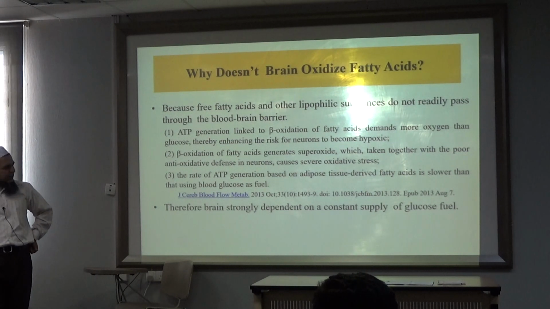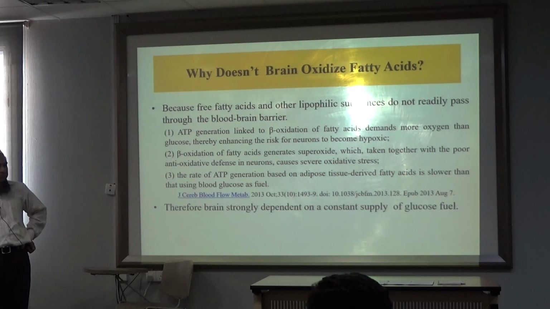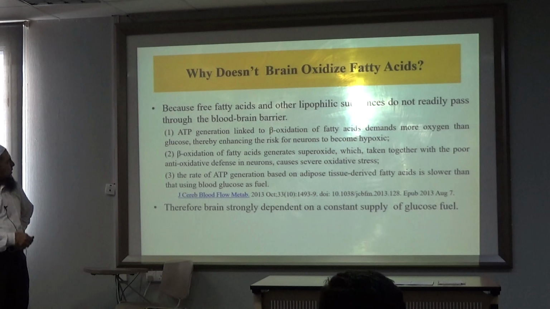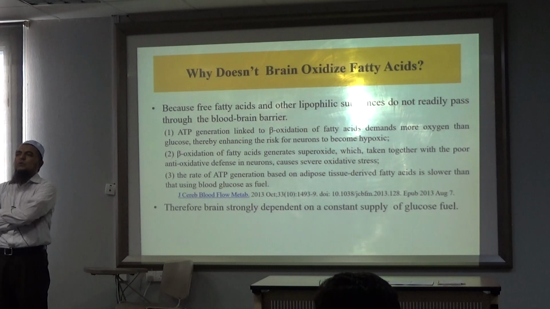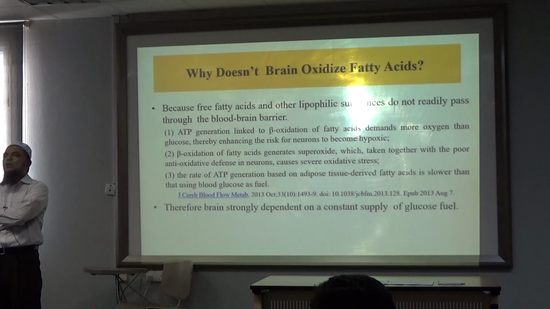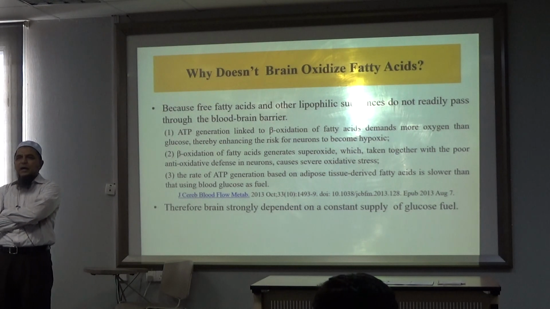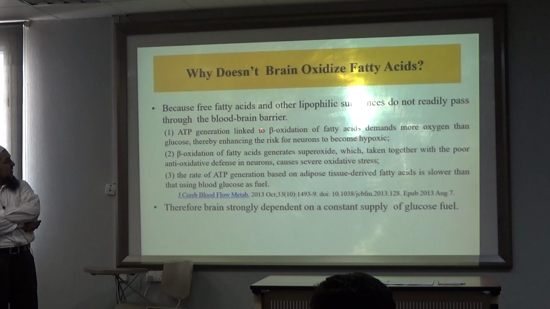So three major reasons are there. Number one, we discussed that it cannot cross the blood-brain barrier, and it needs a transporter. Point number two, if you remember your previous metabolic pathways, the catabolic pathways, beta oxidation is the longest one, and it needs too much oxygen.